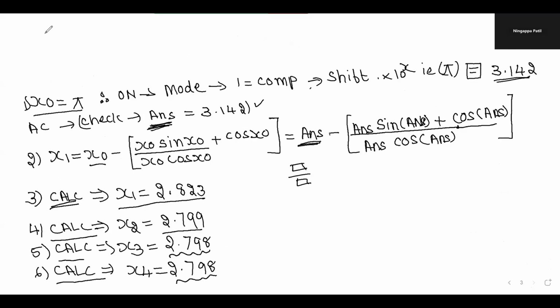Look here, x equal to x3 equal to x4 equal to 2.798 is the required real root.